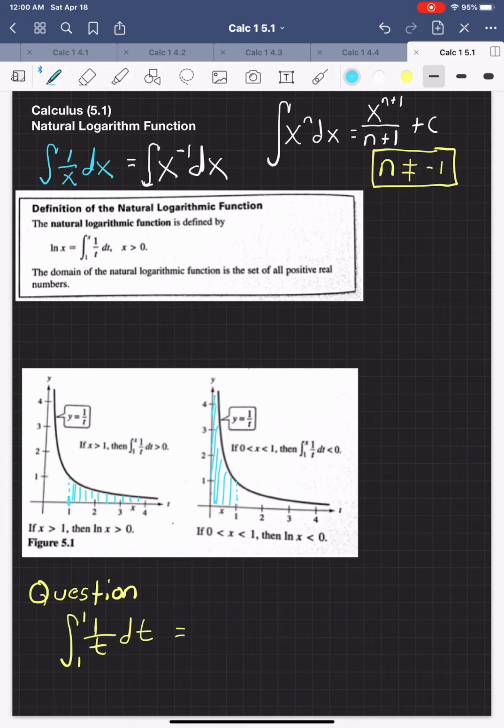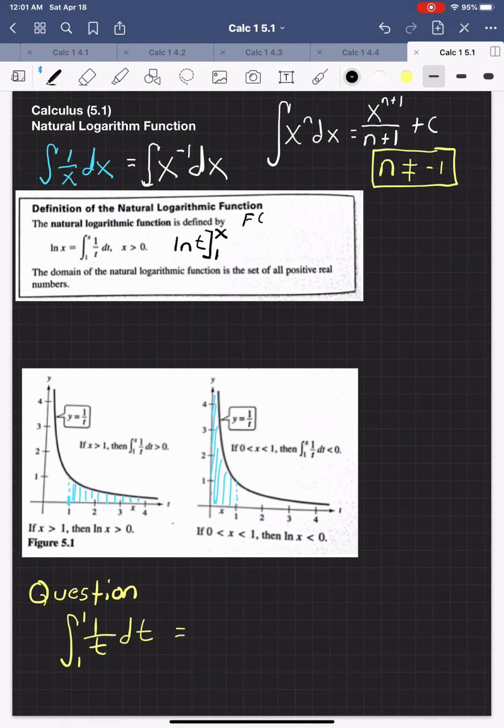And let's actually do it. Ready? So I'm going to integrate 1 over t with respect to t. The integral of 1 over t is ln of t, to which we want to back substitute 1 to x. Ready?